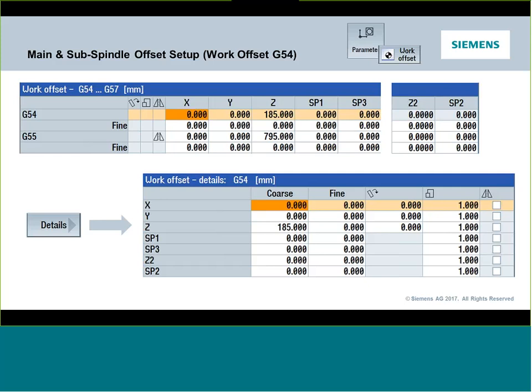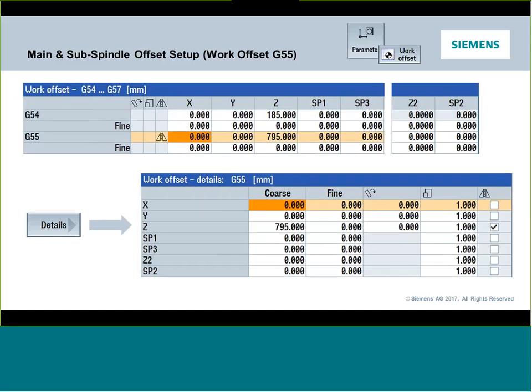Now, additionally, we're going to have to set up the second work coordinate, and that is going to be the sub spindle. So the sub spindle, again, is still a value based off the main spindle. Here we have a larger number, 795, and you'll get to see how these numbers are created as we get to a live demonstration.